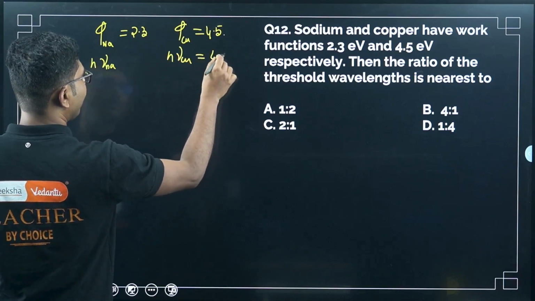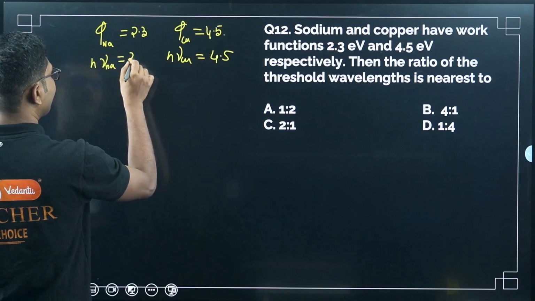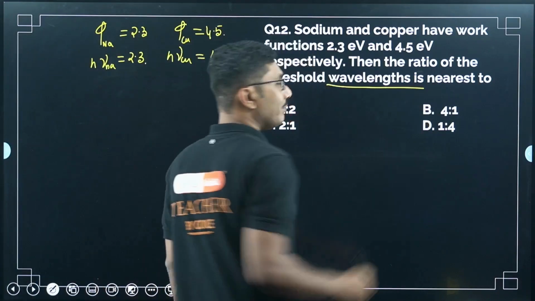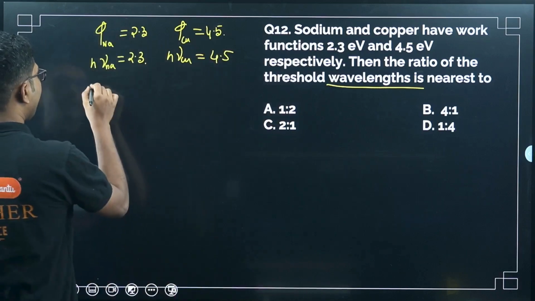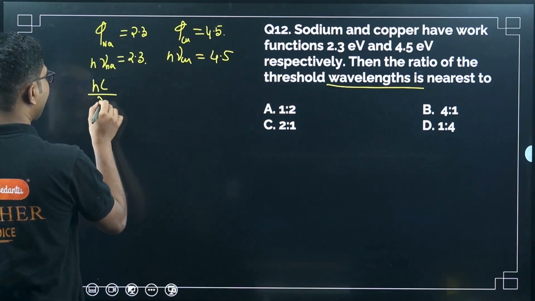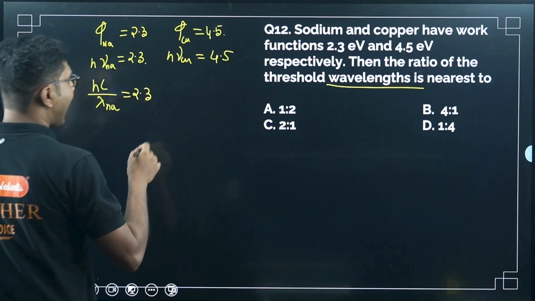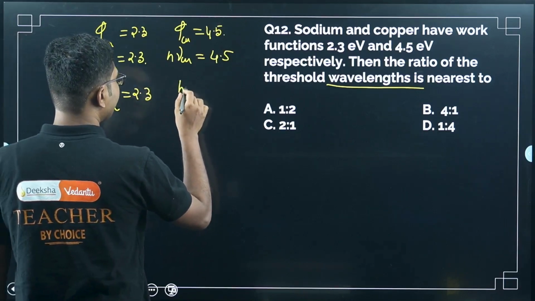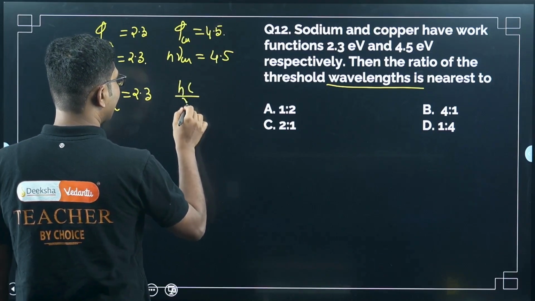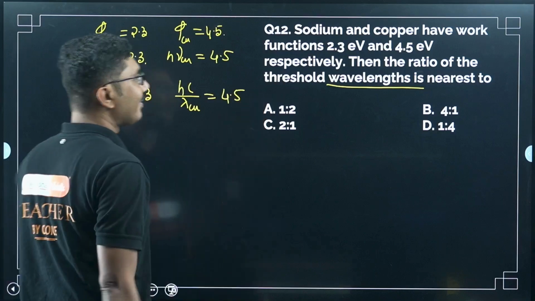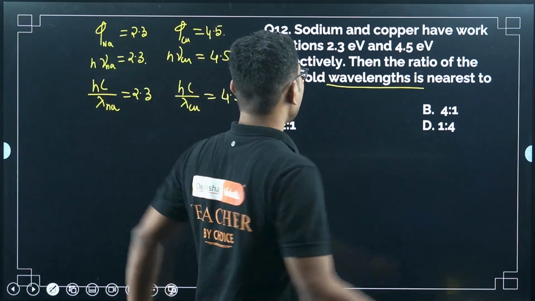Now, they have asked for the threshold wavelength. Be careful, right? So, hc by lambda Na is equal to 2.3 and hc by lambda Cu is equal to 4.5. Right. Now, they have asked for the ratio of their threshold wavelength.